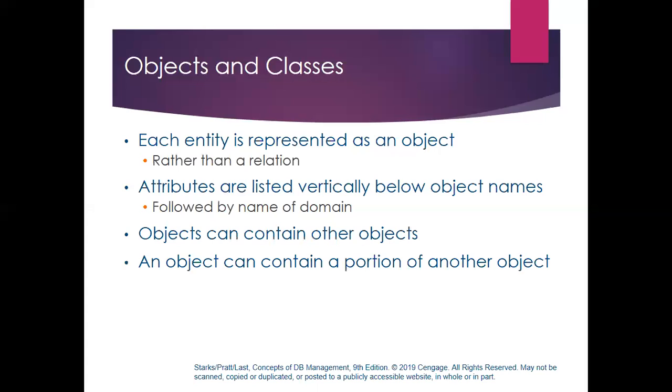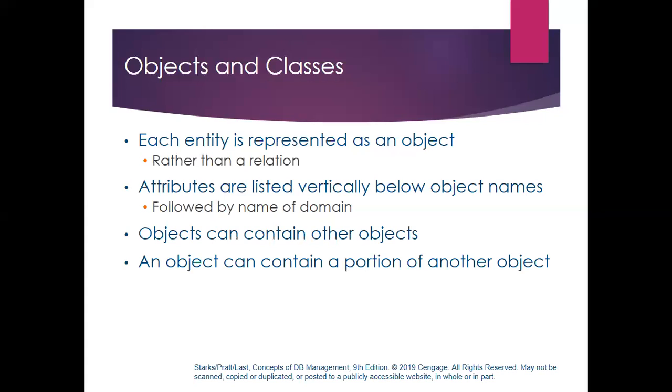Objects and classes. An object is an instance of a class. In object-oriented database management systems, each entity is represented as an object rather than as a relation. Objects can contain other objects.